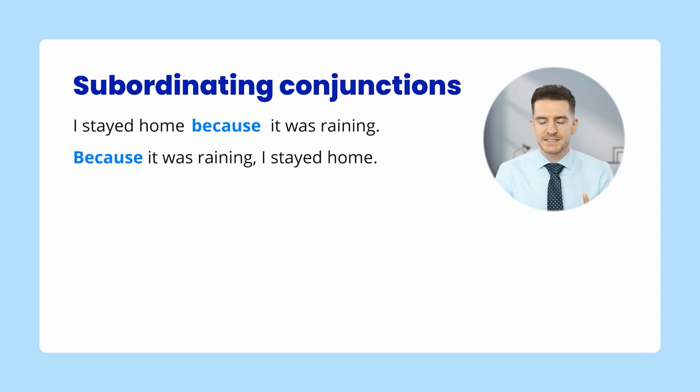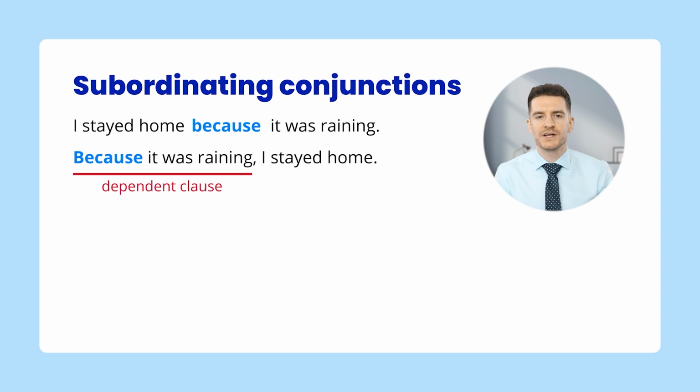Now, this second sentence, which part is the independent clause? Which one is the dependent clause? Well, if you had a chance to think, the first part is the dependent clause because it needs something more. If you just say because it was raining, it's not complete. We need more information. And then I stayed home, that is the independent clause.